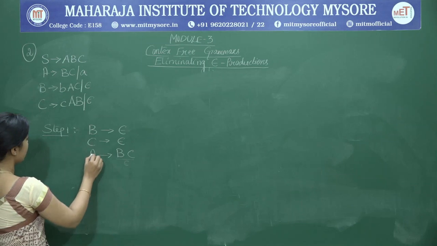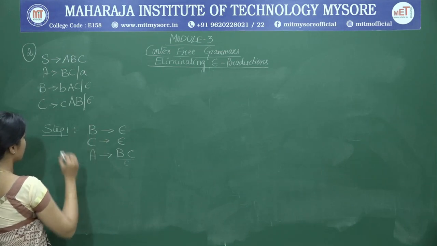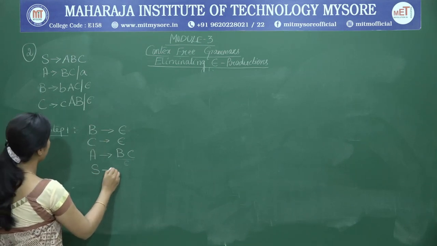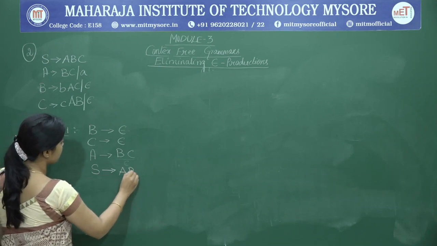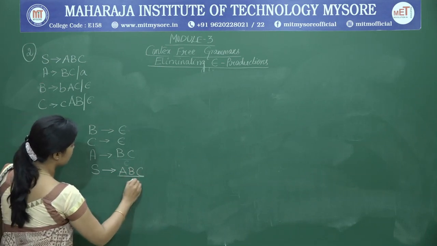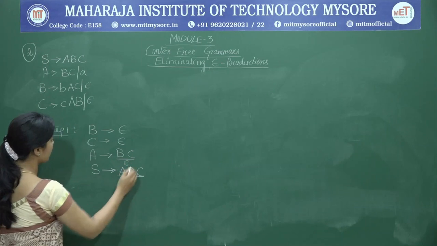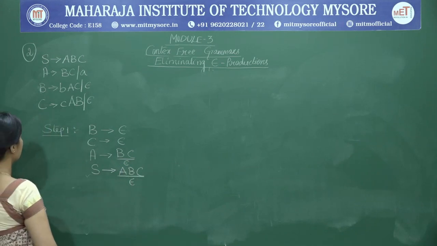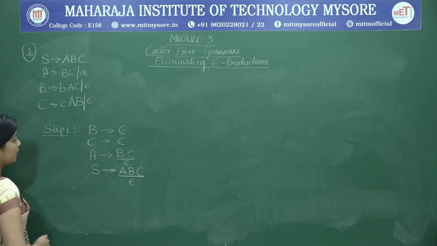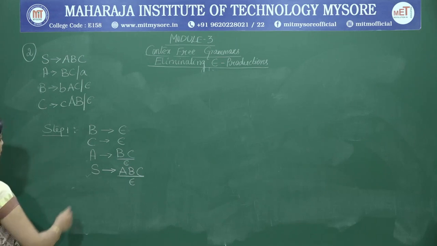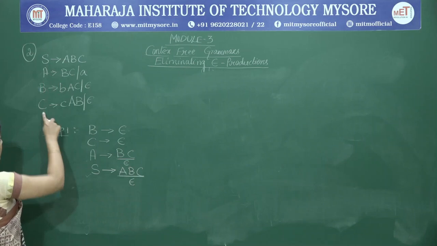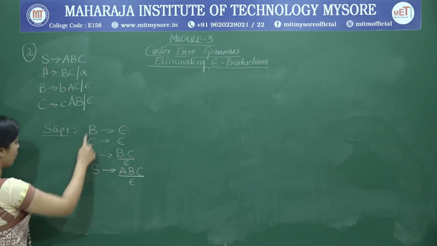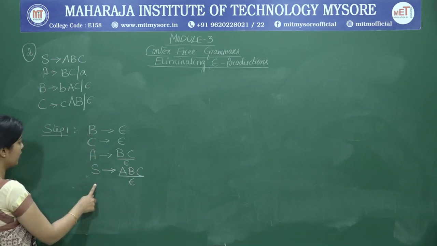Okay. So since A, B, C all three are nullable, we have S goes to ABC. So this ABC entirely can become an epsilon. So therefore S is also a nullable variable. Okay. So we have identified all the nullable variables here. So S, A, B, C, all of them are nullable variables.